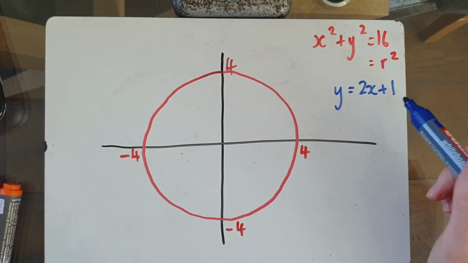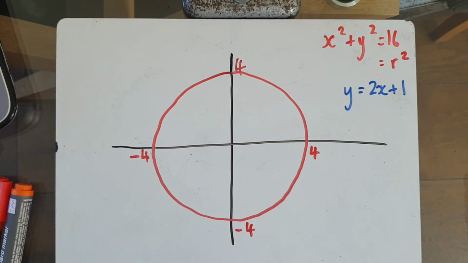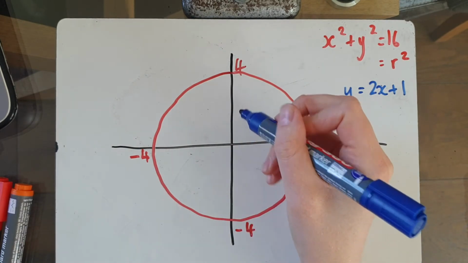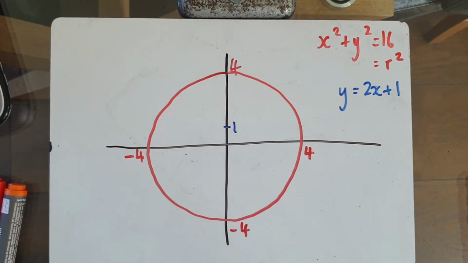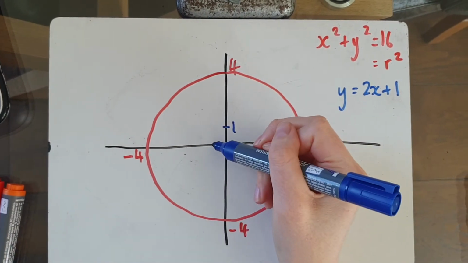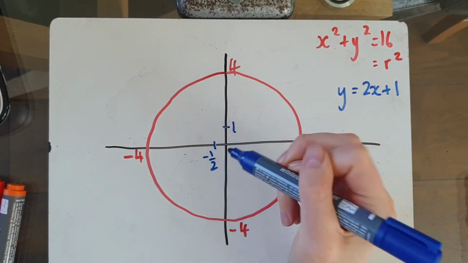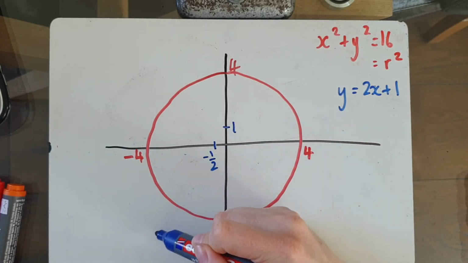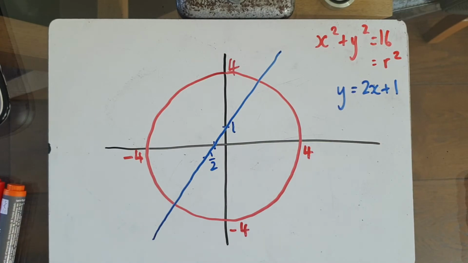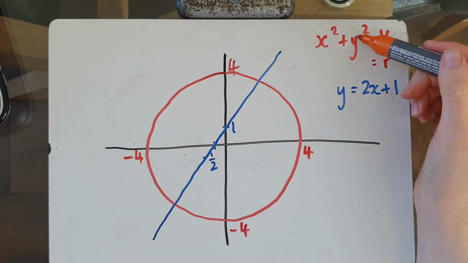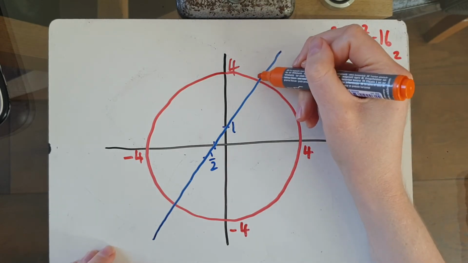So 2x plus 1, that is going to cross the y-axis at 1 and the x-axis at -0.5. So you would draw a straight line through those 2 points. And then the solutions of these simultaneous equations are where they're equal.